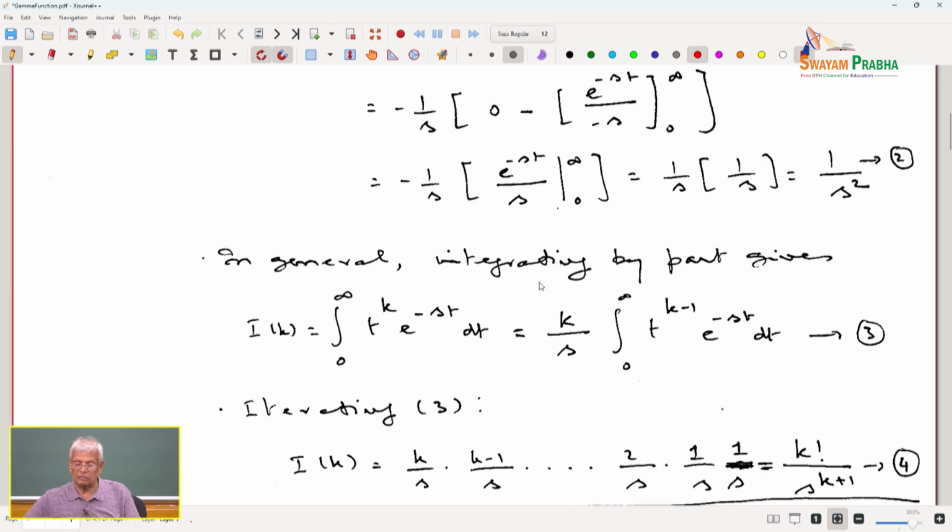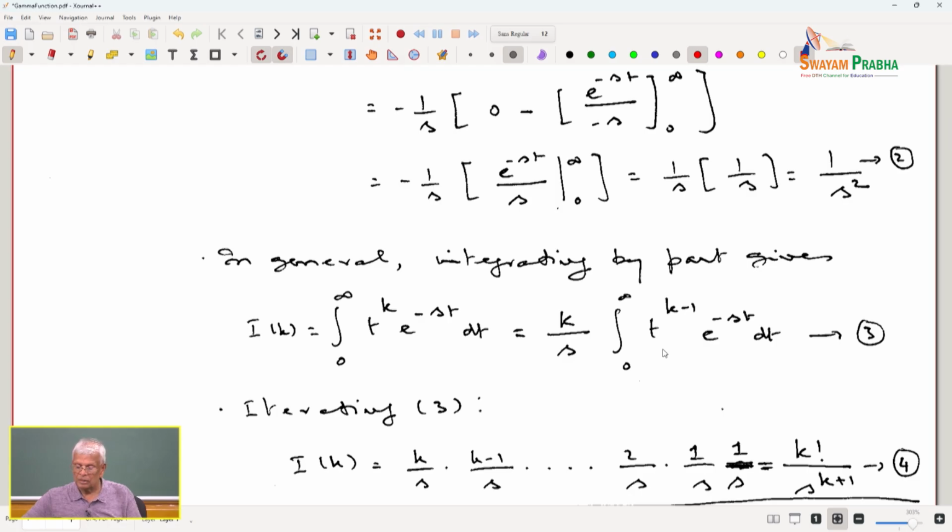Integrating the general case for I k, the integral from 0 to infinity of t to the power of k e to the power of minus st dt, I am going to leave this as an assignment. In general, integrating by parts gives, so that's a very good exercise in trying to apply integration by parts.